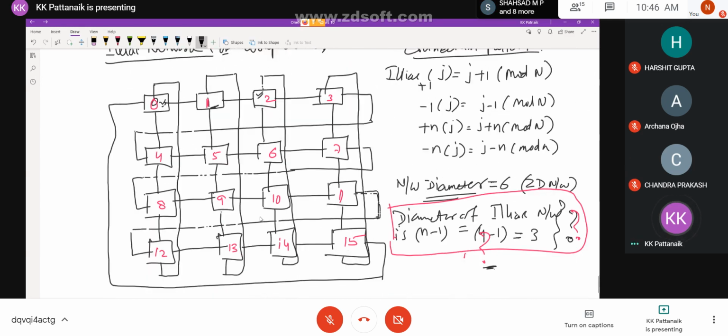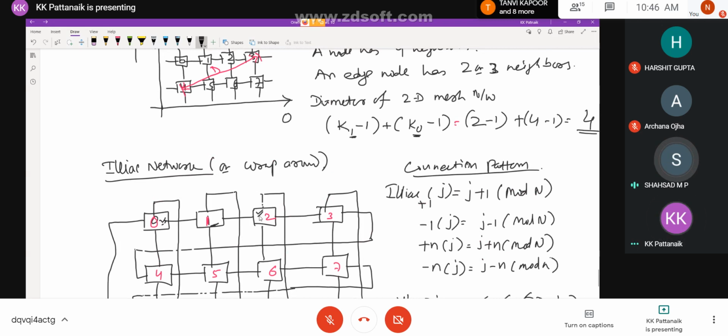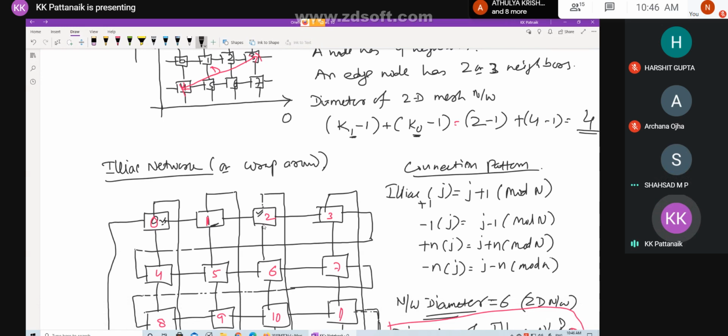How can we find bisection bandwidth, or how do we make two parts in mesh network and torus network, etc.? समझ नहीं पाया, फिर से बोलो। In order to find bisection bandwidth, we need to part the same network into two parts, right?